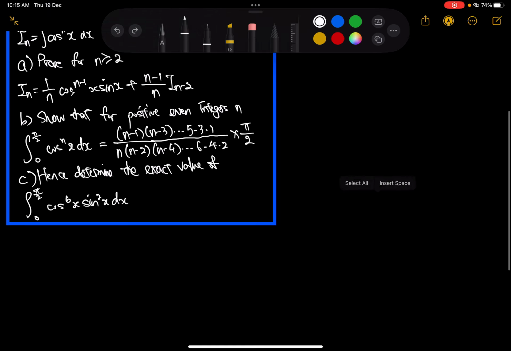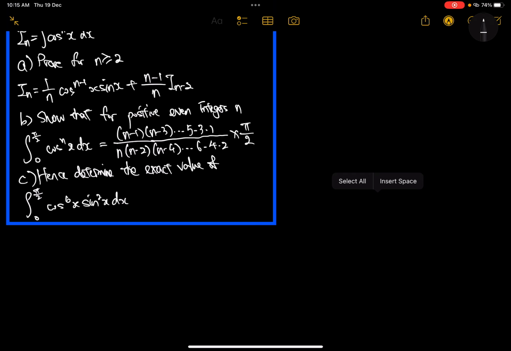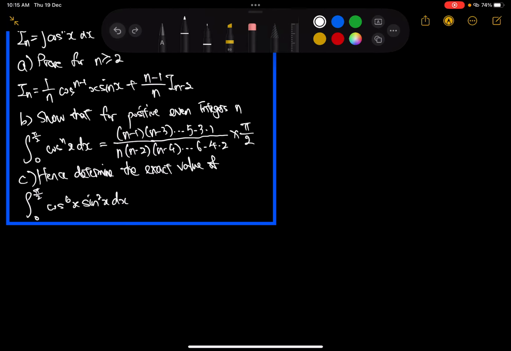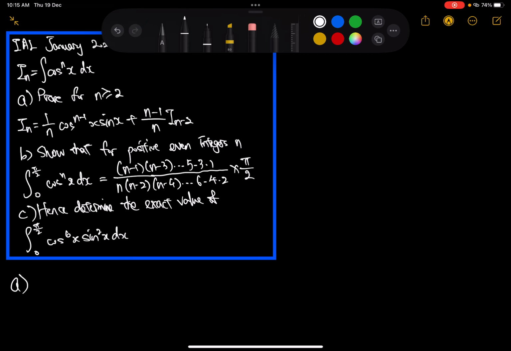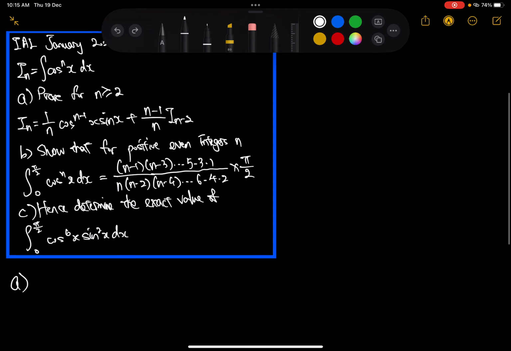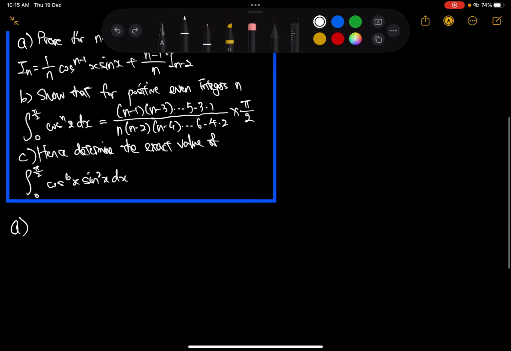So in part A, it is whatever this monstrosity is right here. So part A is, well, this is really straightforward. If you see two parts doing arithmetic, it is definitely done by parts. So in is the integral of cosine nx dx.